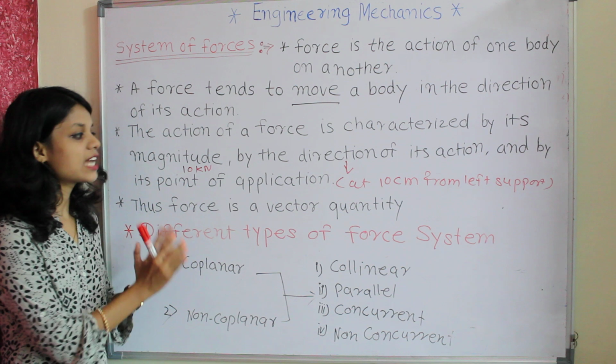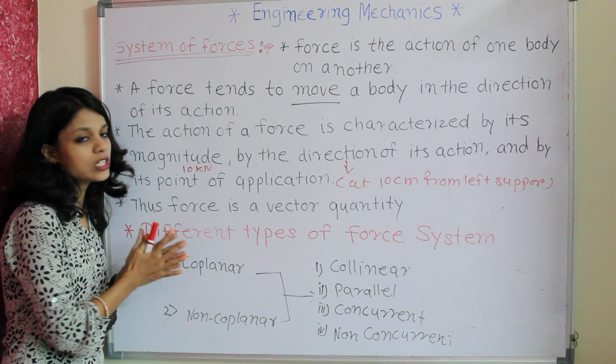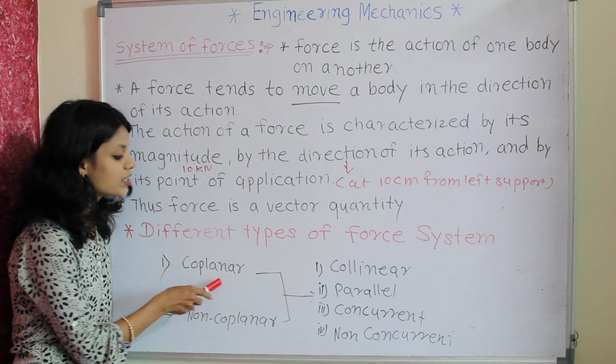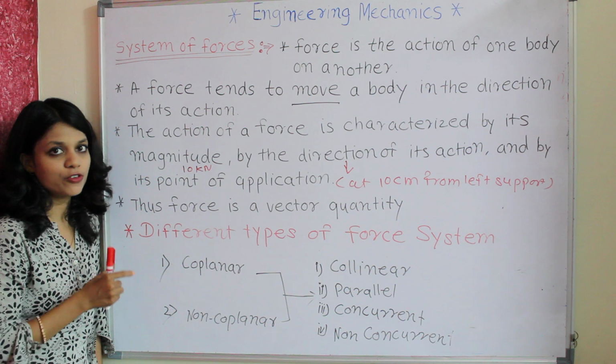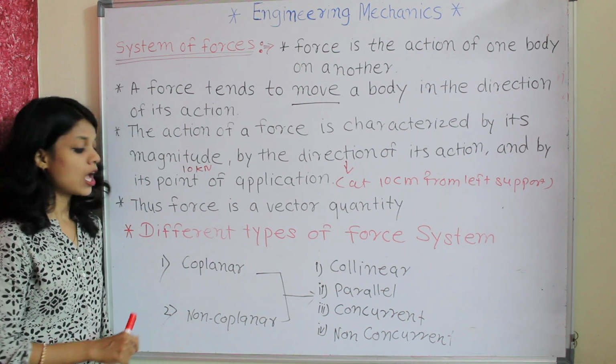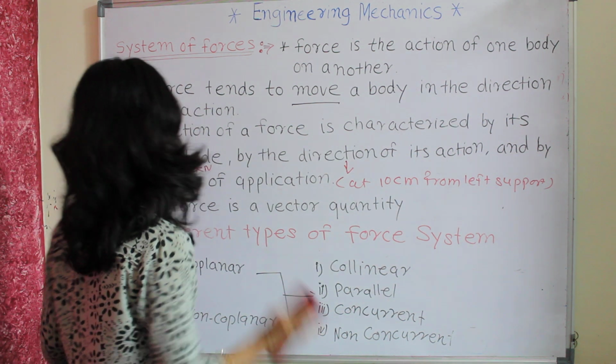Next, different types of force system. There are two main types of force system, coplanar and non-coplanar. Coplanar force system means if all forces lie in the same plane, then it is called a coplanar system. And if they do not lie in the same plane, then it is called a non-coplanar system.